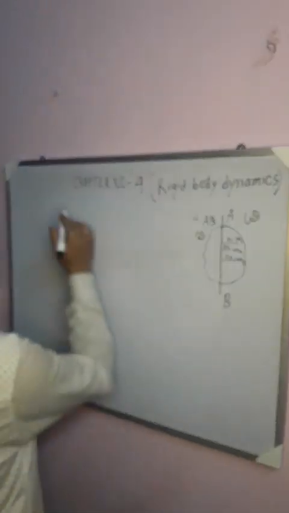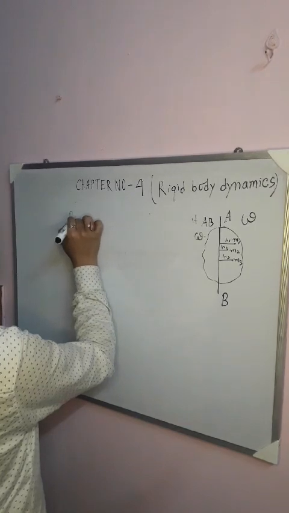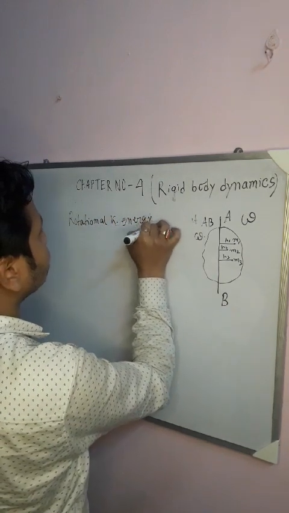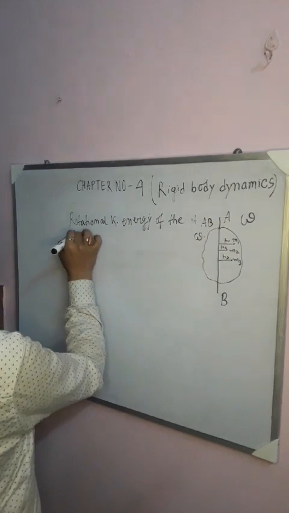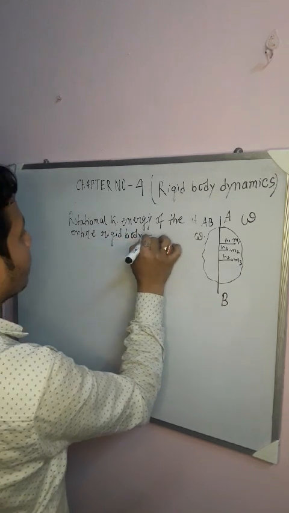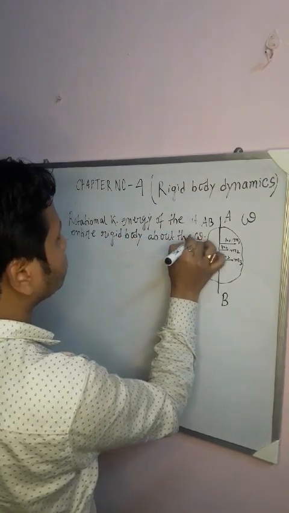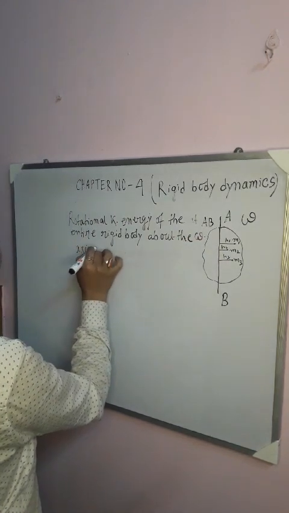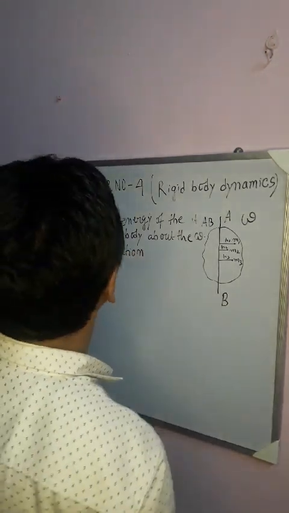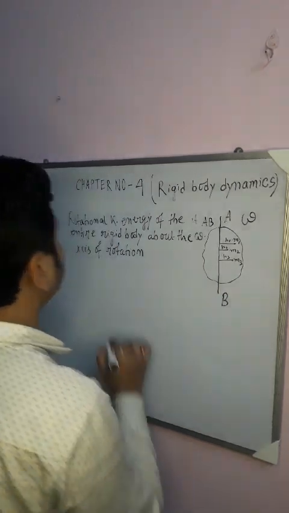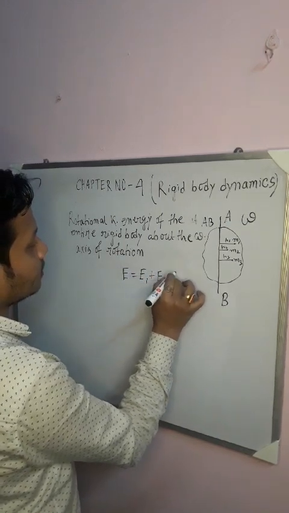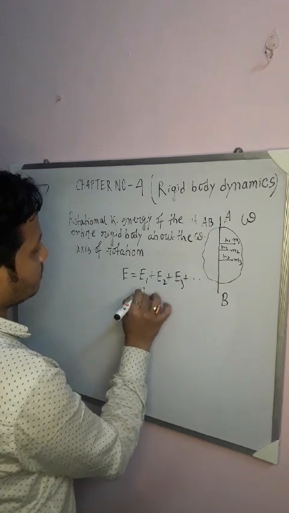The rotational kinetic energy of the entire rigid body about the axis of rotation is simply E1 plus E2 plus E3 and so on.